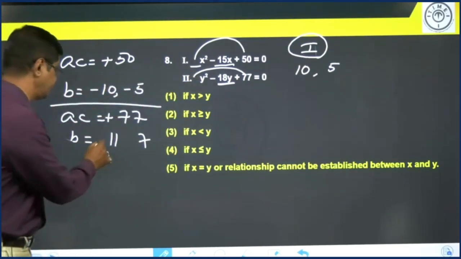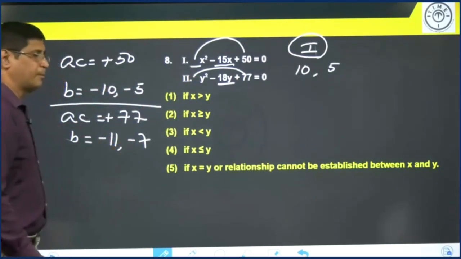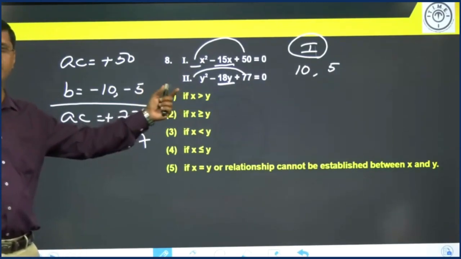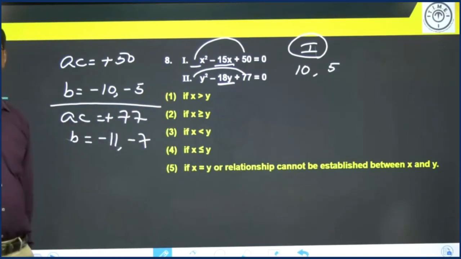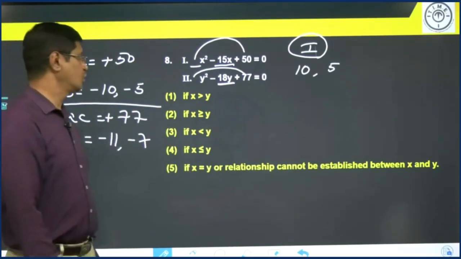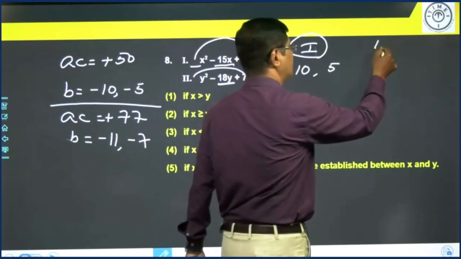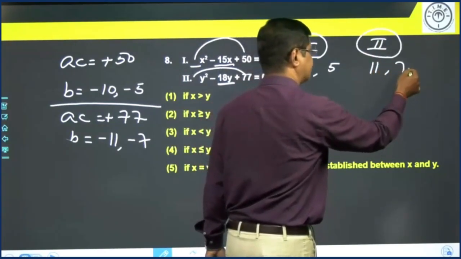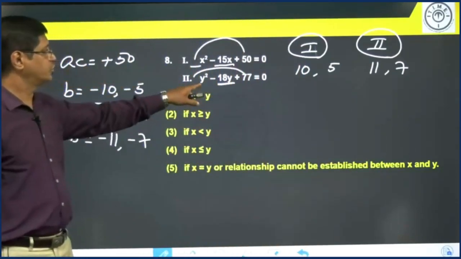So minus 18 is given. So the factors are minus 11 and minus 7. Sum of these two is minus 18, product of these two is positive 77. Then what about the roots of the second quadratic equation? The roots of the second quadratic equation are 11 and 7 by the coefficient of y square.